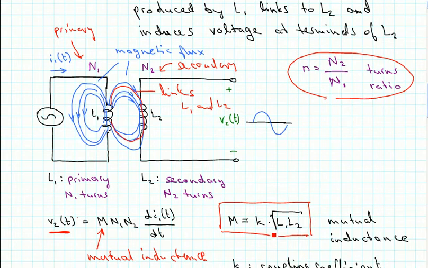The mutual inductance has to be actually less or equal to the square root of L1 times L2. And this less or equal to is expressed here in terms of that constant K. That constant K is called the coupling coefficient.